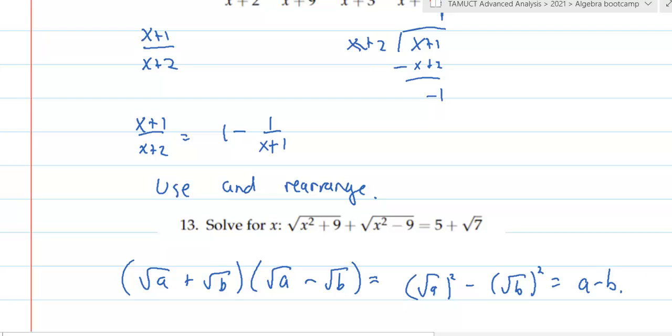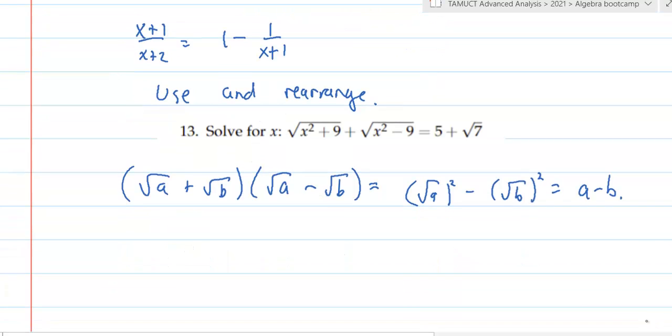So what you can do here is you can multiply both sides by, I'll just tell you what it is, the square root of x squared plus 9 minus the square root of x squared minus 9. And you get another equation.